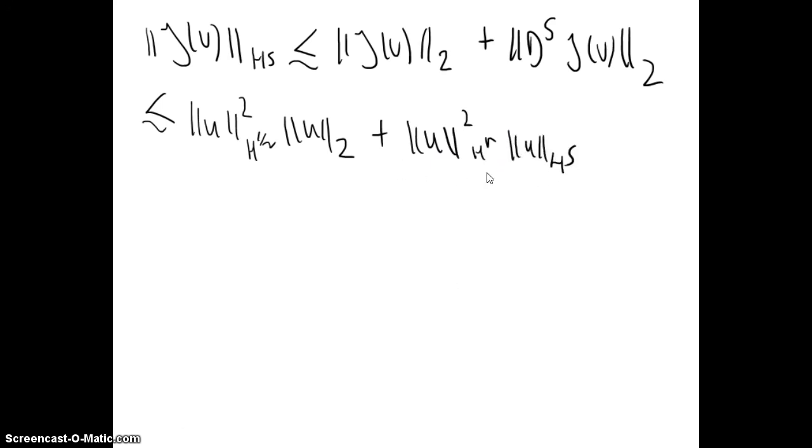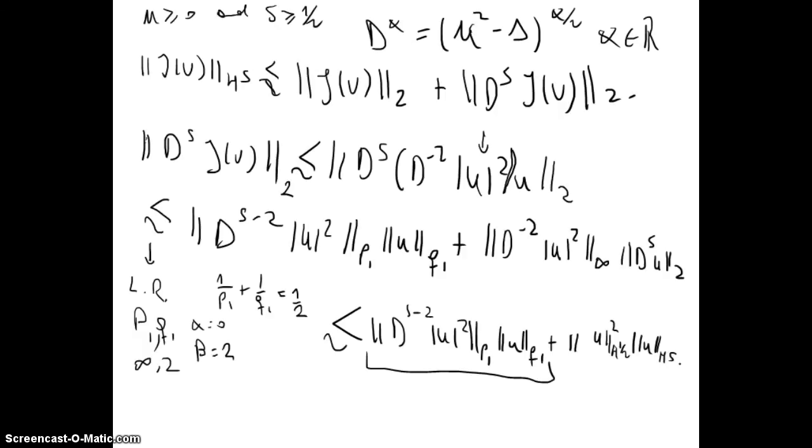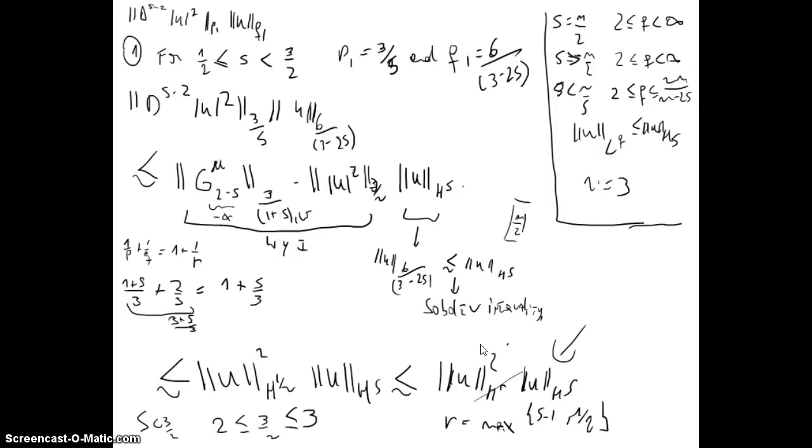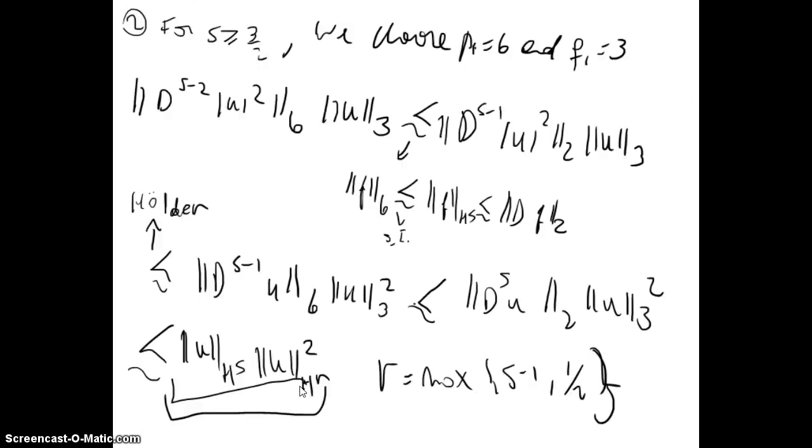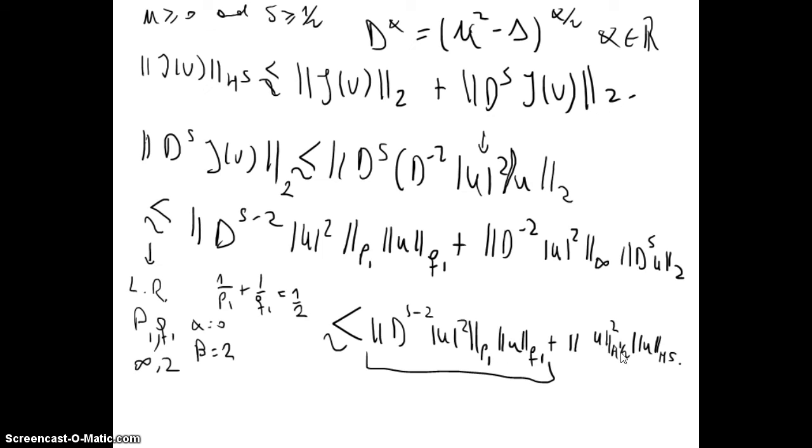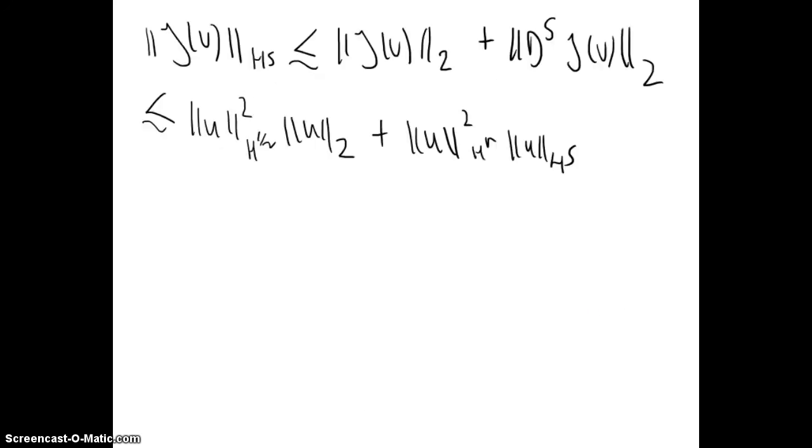This bound H^R H^S comes from, well, H^S H^R, we have this bound that came from both cases, here and here, and well, here we have H^(1/2), we can replace this 1/2 by R, because it would be the maximum between 1/2 and R, so from there we will have this term.